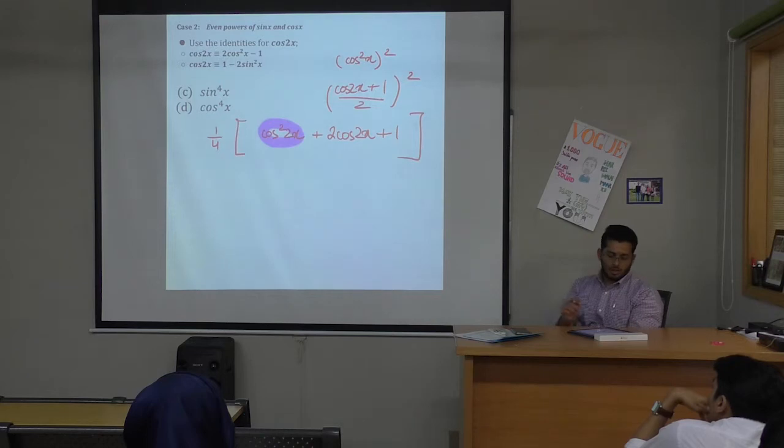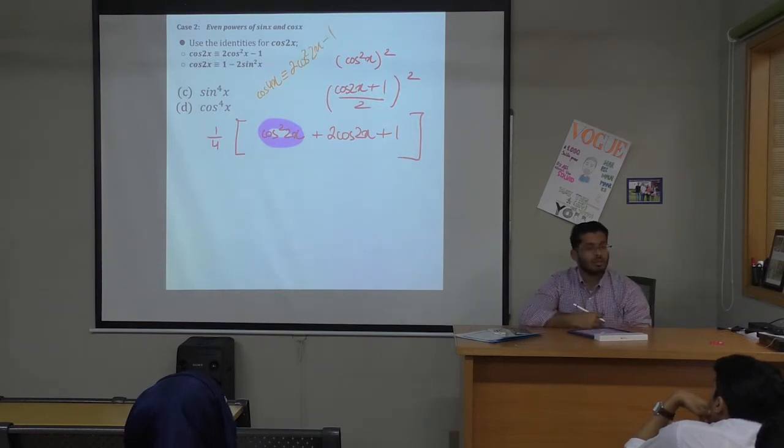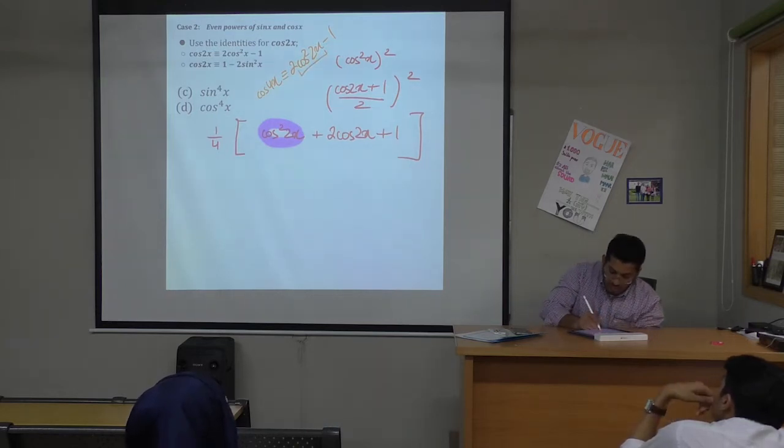The square has come, okay? But I can easily get rid of that using a simple manipulation. cos 4x can be written as 2 cos square 2x minus 1. So cos square 2x, I can make the subject. It can be easily replaced as cos 4x plus 1 over 2.